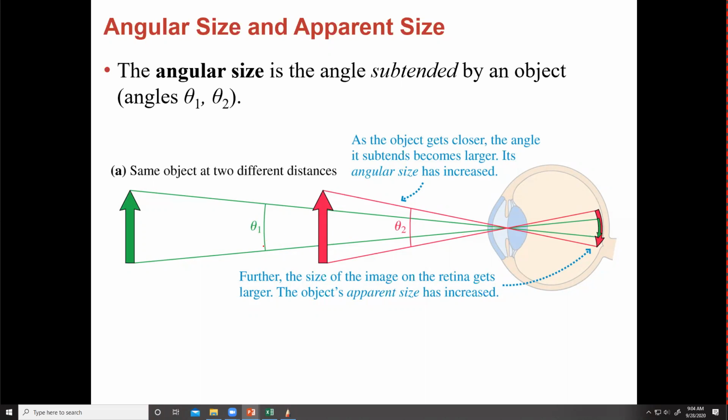This is the angular size of this object, and that's the angular size of this object. The angular size depends on the distance between the object and the eyes. The farther the object, the smaller the angular size. The closer the object, the bigger the angular size.